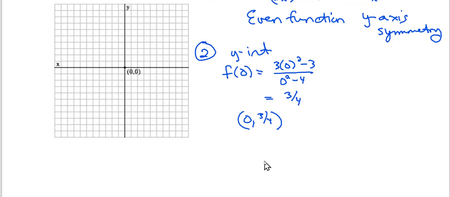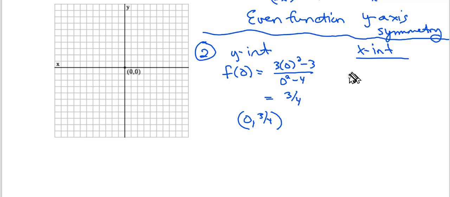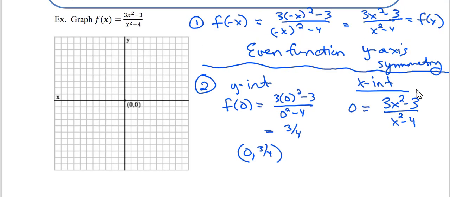The x-intercept is when the function is equal to 0. There's two ways you can think about solving this. First of all, the only way for a fraction to equal 0 is if the numerator is 0, meaning we could just set the numerator equal to 0.